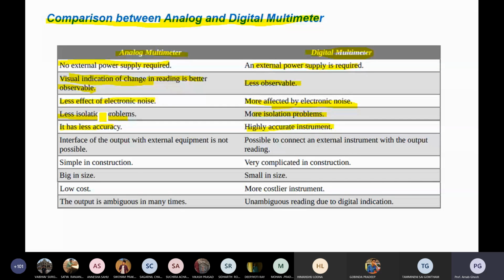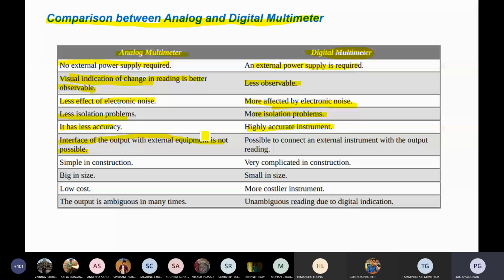That's why the ground should be isolated. That option in an analog multimeter is less compared to a digital multimeter. In a digital multimeter, you can easily do it by using opto isolators. Optical isolation you may use there. Then interference of the output with external equipment is not possible.